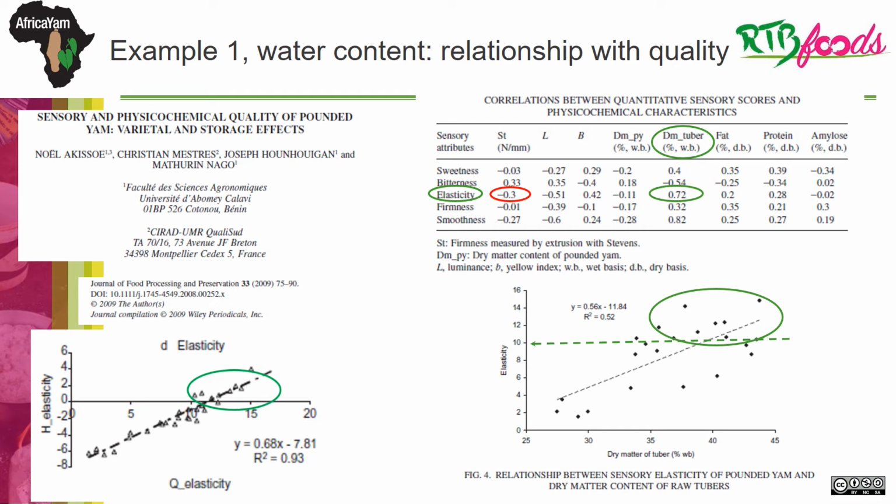But this correlation between dry matter content and elasticity is not perfect, and you can see that there are some samples with quite a high dry matter content, but which do not give a good elasticity. So other components can also have an influence on elasticity.